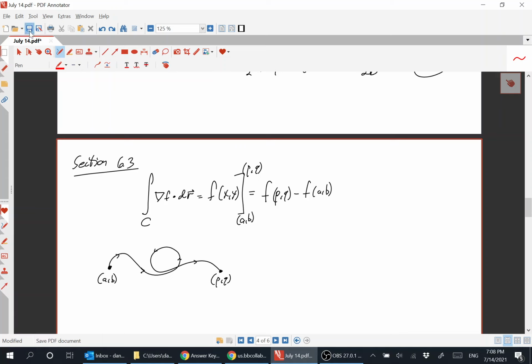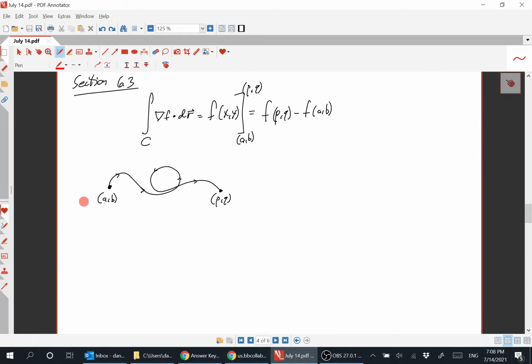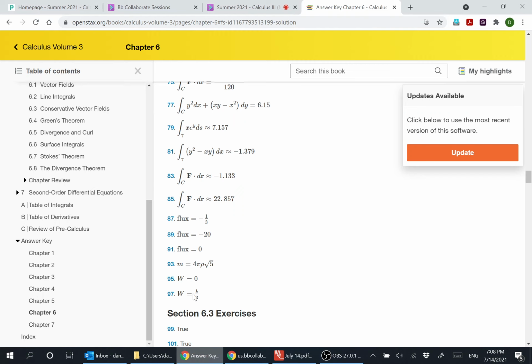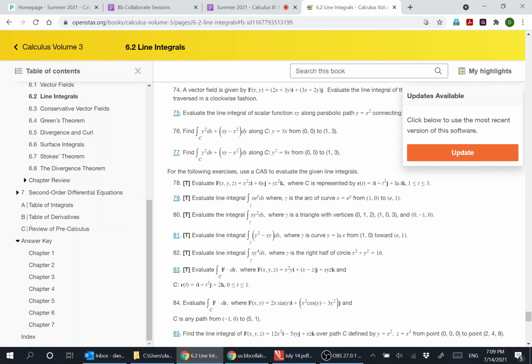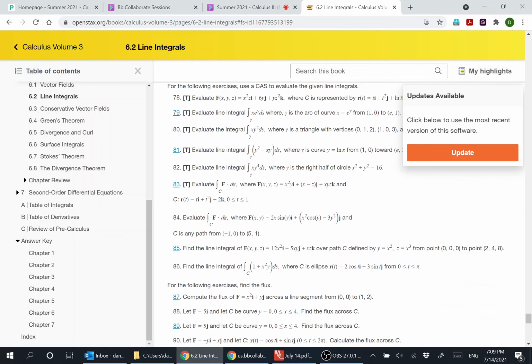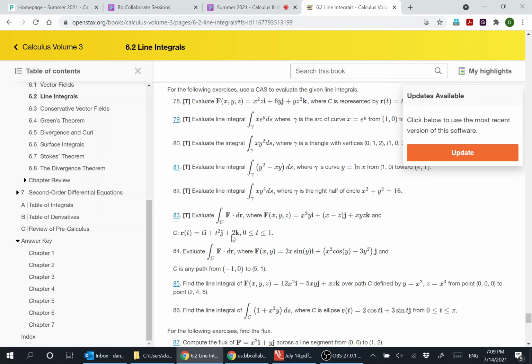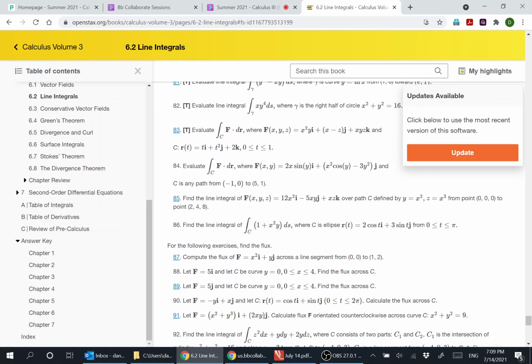So there was a problem from the last section that really belongs in this section, and that was number 84. Evaluate the line integral of F dot dr, where F is this, and C is any path from minus 1, 0 to 5, 1.